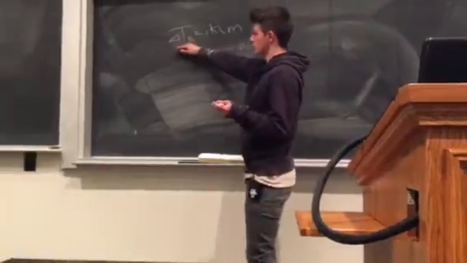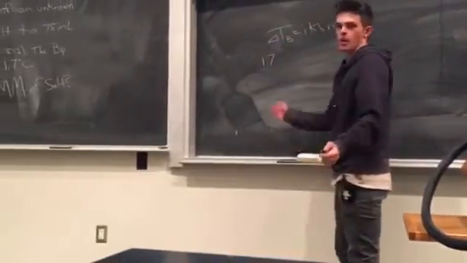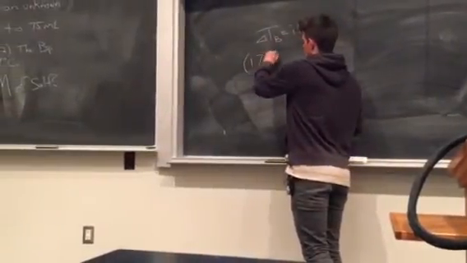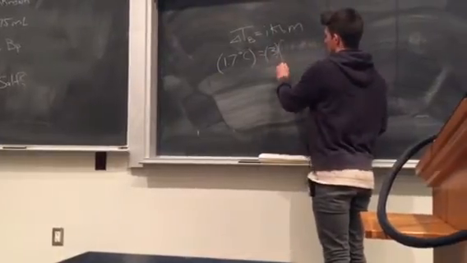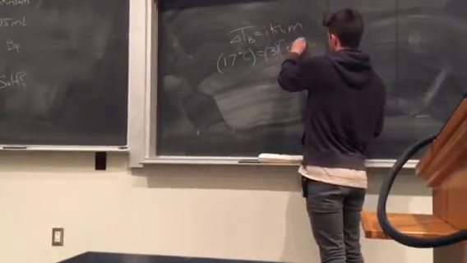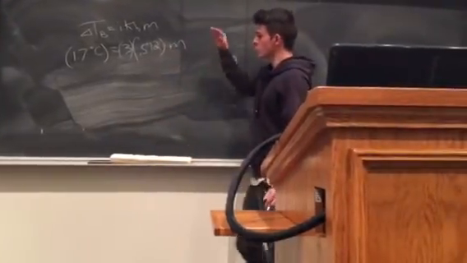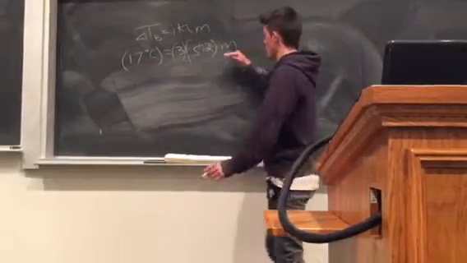Delta T is going to be 1.7. And does it matter if I put positive? 1.7 degrees Celsius is going to equal, we said i is 3, we said Kb is 0.512, and we don't know the molality, that's what we're solving for. So you're going to divide away these parts so that you have molality.